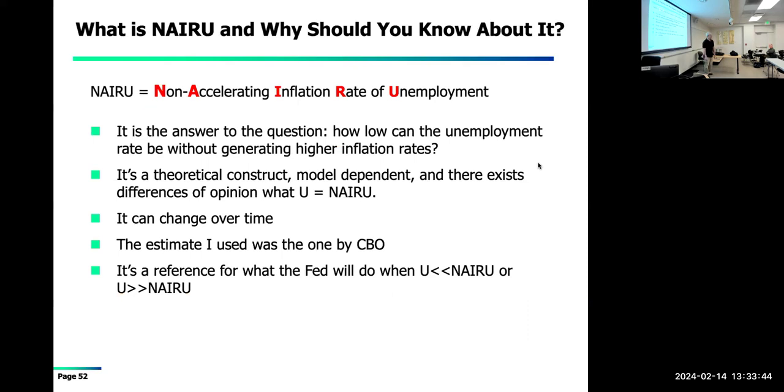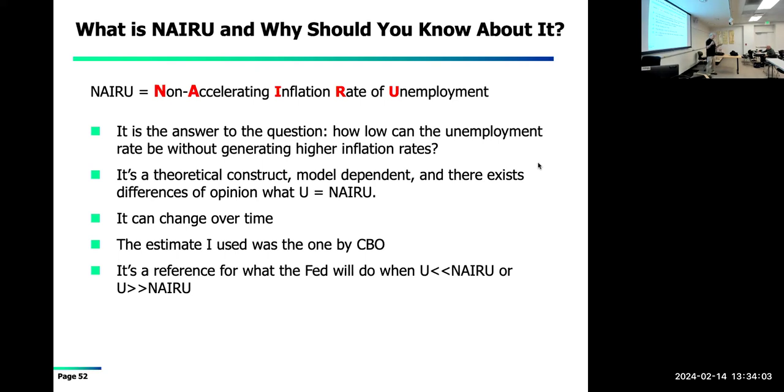So what is the concept? As I think some of you may know, economists, we like to have acronyms. And the acronym is called NAIRU. NAIRU is the non-accelerating inflation rate of unemployment. What is that all about?